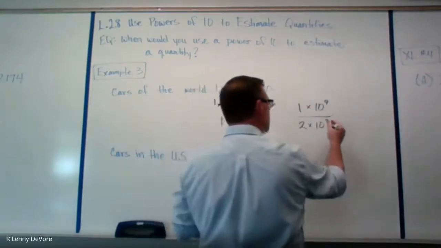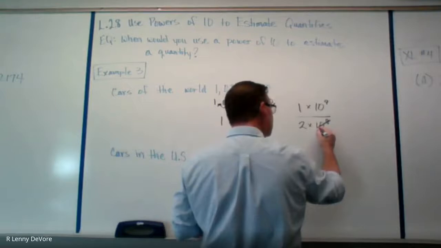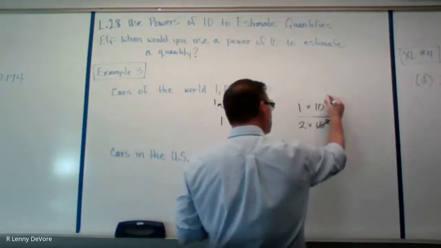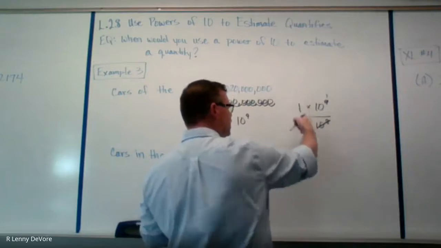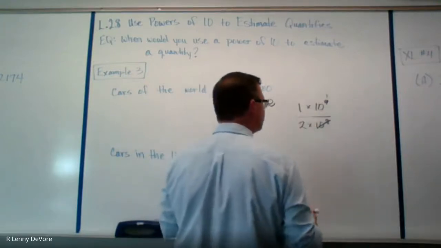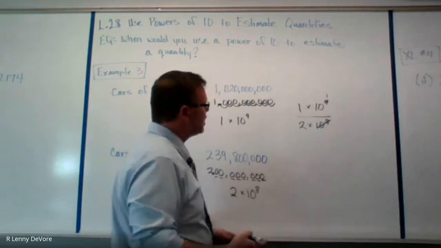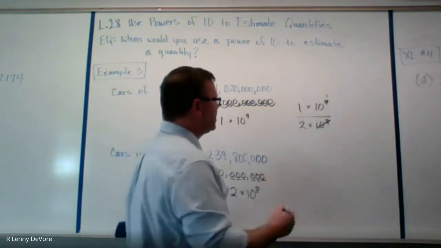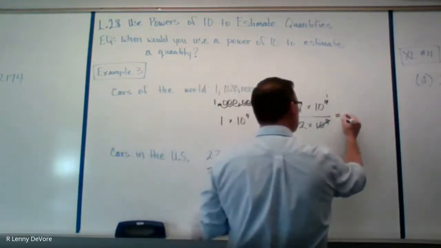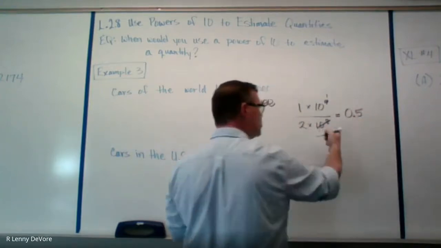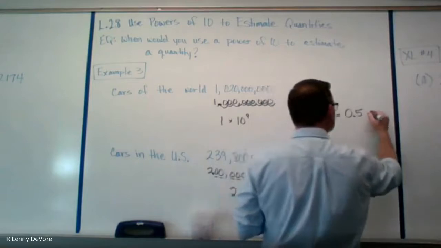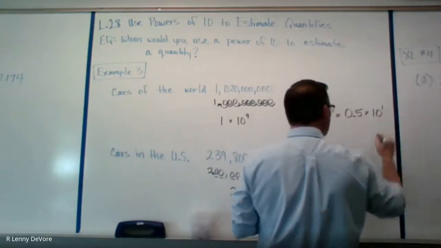So this becomes 10 to the 1st power, okay? And then right here, I've got half, right? This becomes 1/2, okay? So we rewrite it this way: it would be 0.5, because 1/2 is 5/10, times 10 to the 1st power.